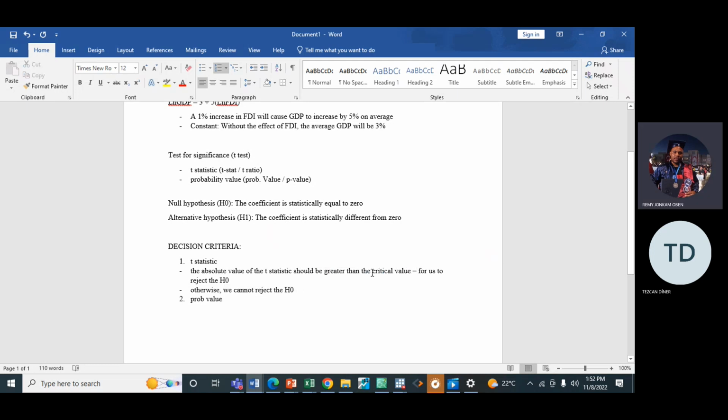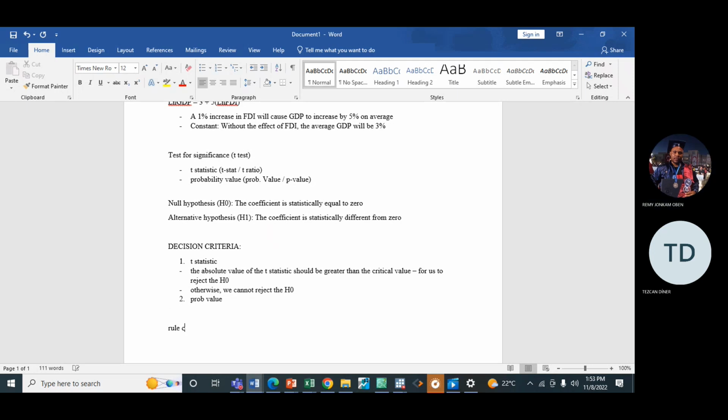The question you ask me now is, what is this critical value? To get this critical value, we need to look at the distribution tables, the t-tables, which I don't want to get into. Since we don't have the t-tables with us, we use a rule of thumb.